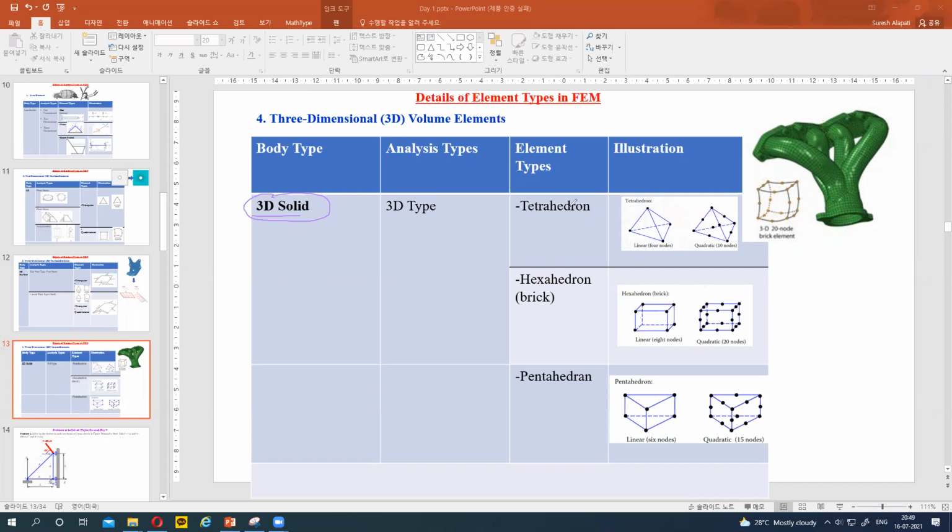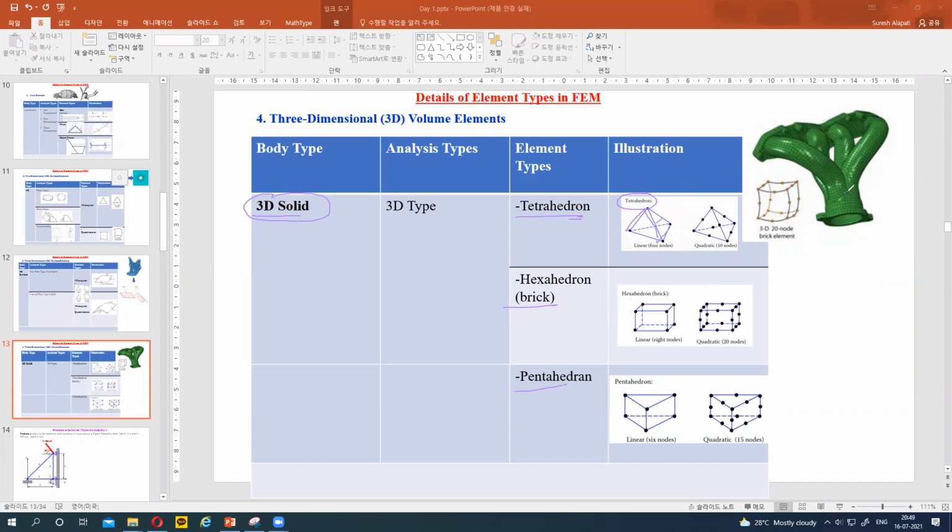For 3D solid elements, we have different elements: tetrahedron, hexahedron, and pentahedron. Tetrahedron is more suitable for curved shapes, and hexahedron is sometimes suitable, and sometimes we use a combination of the two.